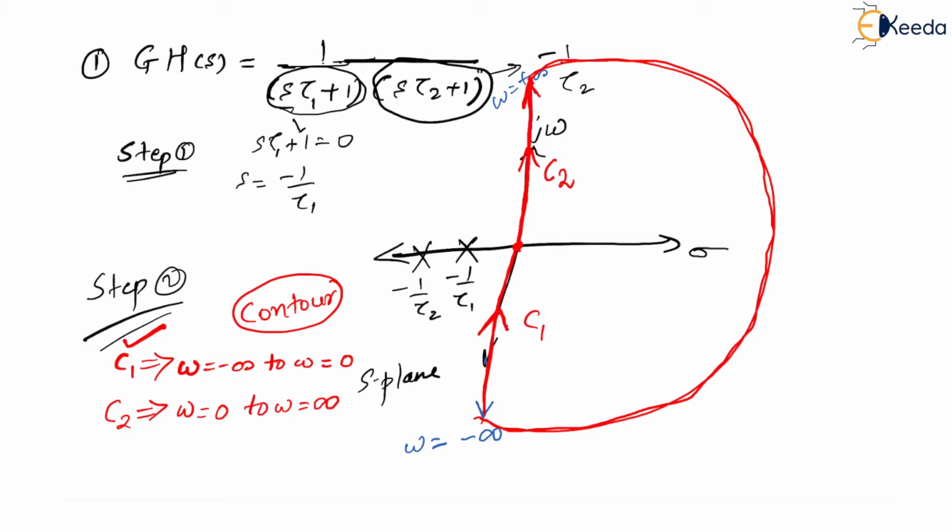This is infinite radius, so let me mark the radius r, which tends to infinity. Now, how do we show this contour C3? This is very important.